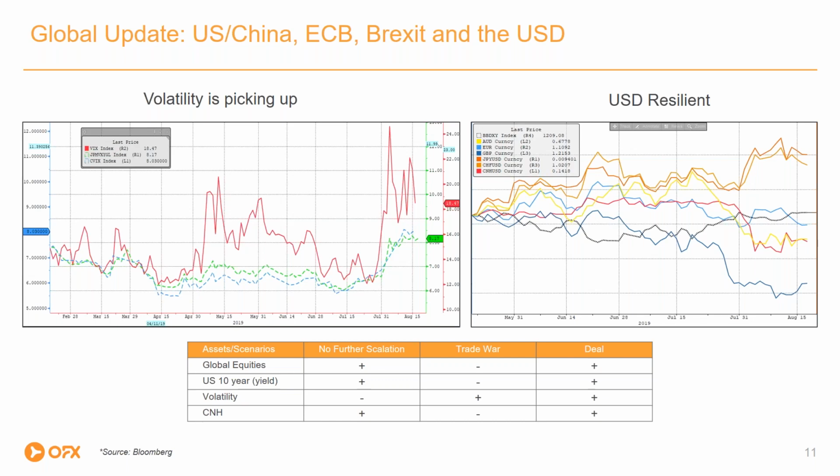We have the euro basically trading flat against the USD in the last couple of months. We'll touch on the euro in a little bit. And then we can see the red and white and yellow lines are the CNH and the Aussie currencies. So basically, back in July, when the currency war escalated, the CNH, or the Chinese currency, devalued, and the Aussie followed through, as they have had a strong correlation in the last couple of months.